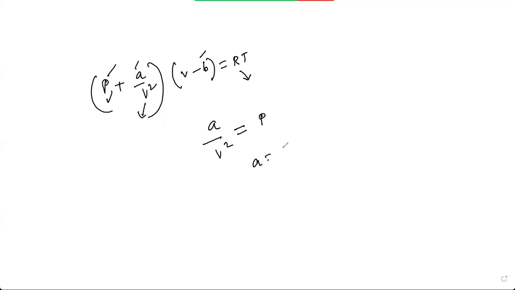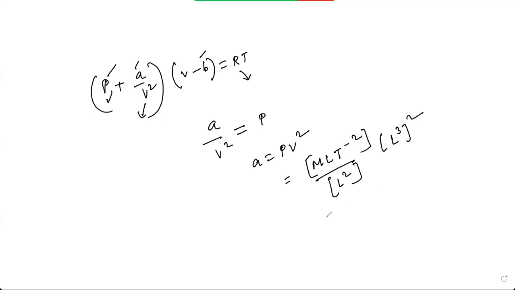So A equals PV square. The dimensional formula of pressure is M L T to the power minus 2 by L square, and V square is L cube square. So this will come out as M L to the power 5 T to the power minus 2.